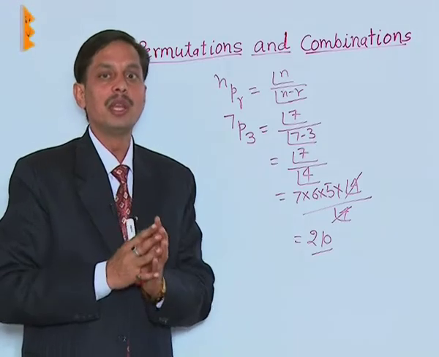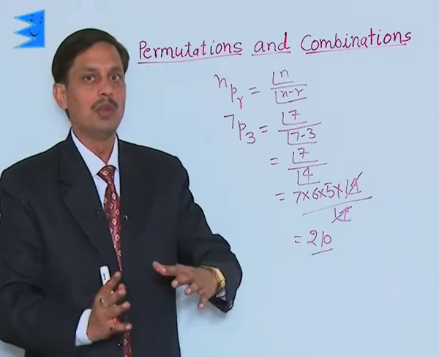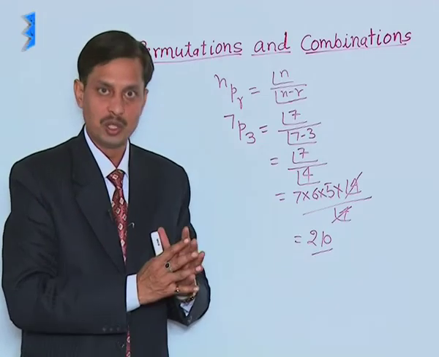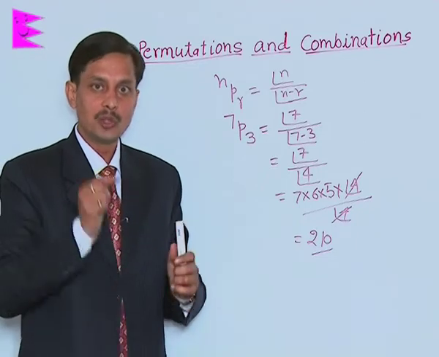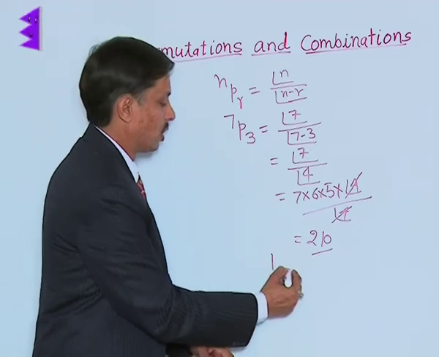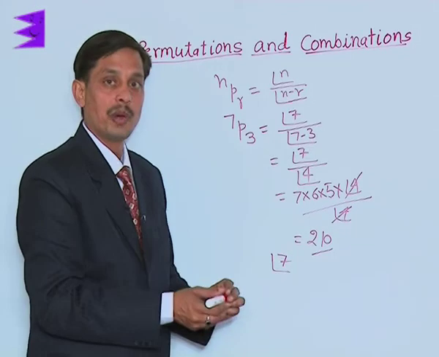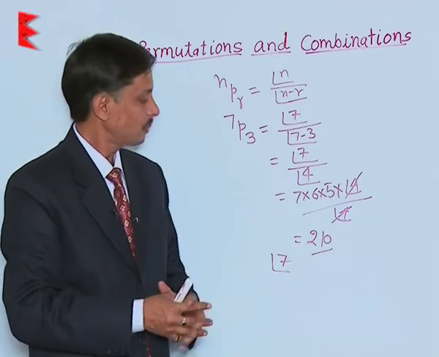So permutation is the linear arrangement. Arrangement is permutation, or permutation is the arrangement. If there are 7 objects or 7 students who would like to stand in a line, it is a question of linear permutation. So the answer is factorial 7.